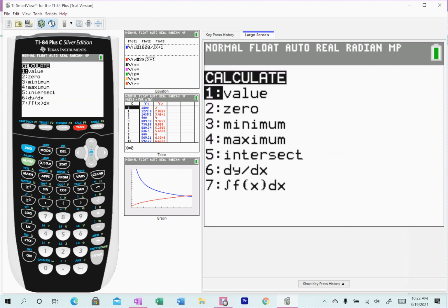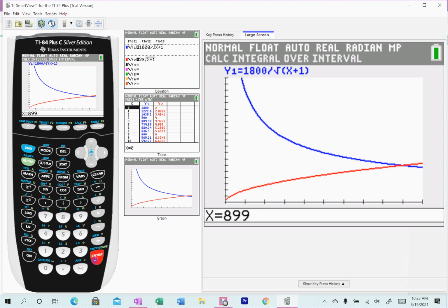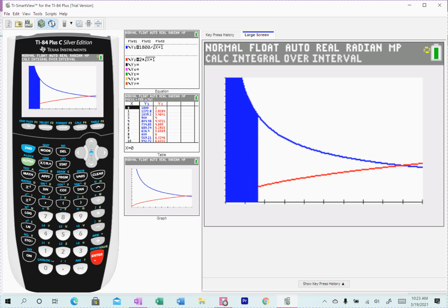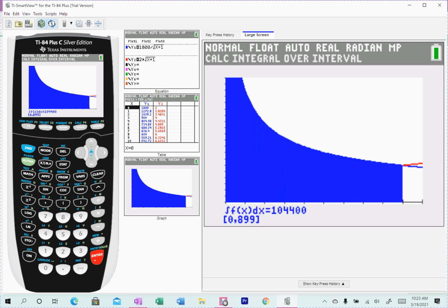So second trace, 7. I'm on the blue curve. If I look up here, I'm on the 1800 divided by the square root of x plus 1. So I'm ready to put in 0, 899, and it should shade. So 104,400.